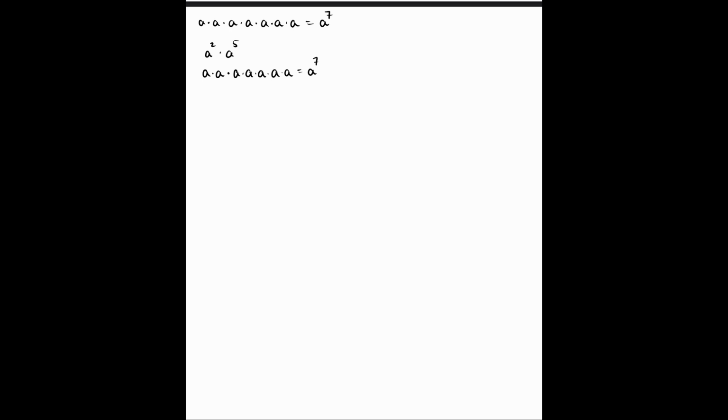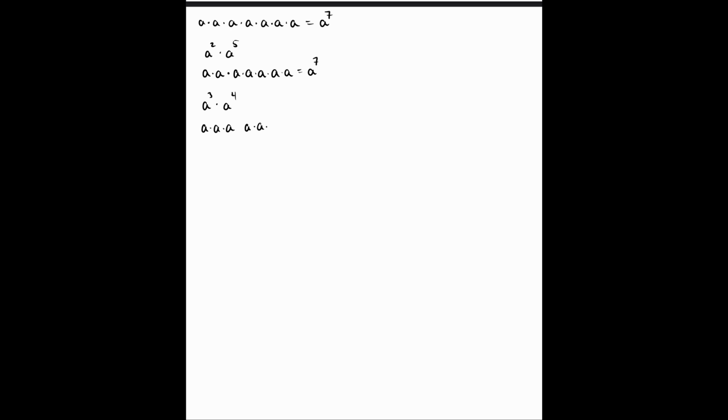What is, let's say, a cubed times a to the 4th power? Okay, well, a cubed is the same thing as a multiplied by itself 3 times. So that's a times a times a. And a to the 4th power is a multiplied by itself 4 times. So let's write that down.